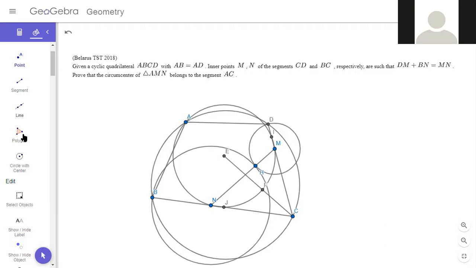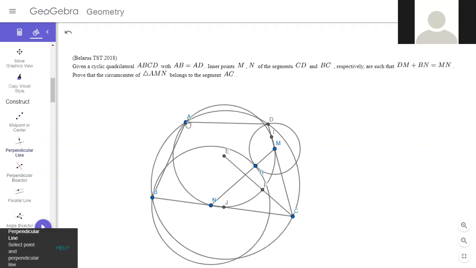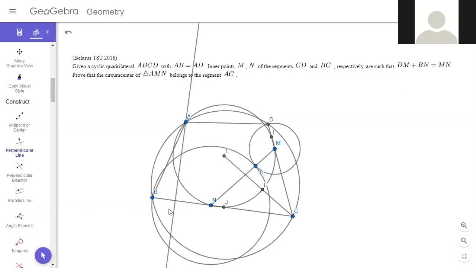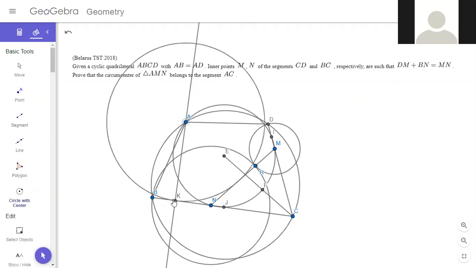But yeah, I wonder, what if I draw a perpendicular from A to BC? I want to show that that's the X circle. And I know that BN is equal to NH.